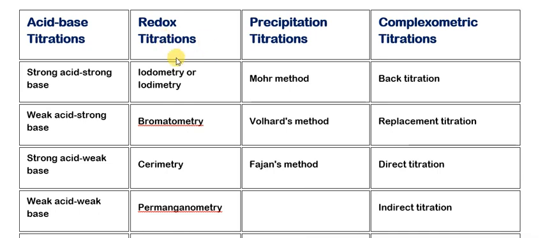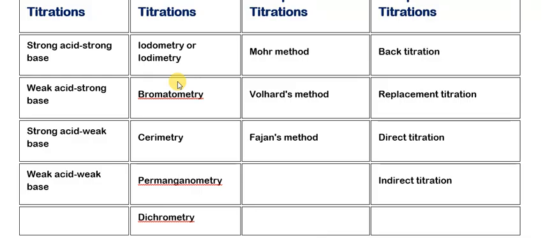In the case of redox titration, there are five further types: iodometry, bromatometry, cerimetry, permanganometry, and dichrometry.